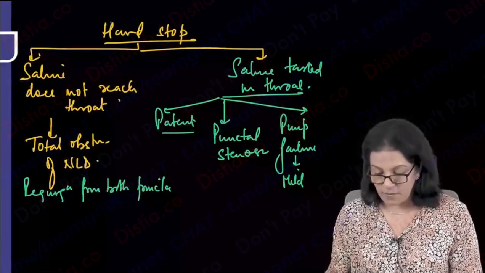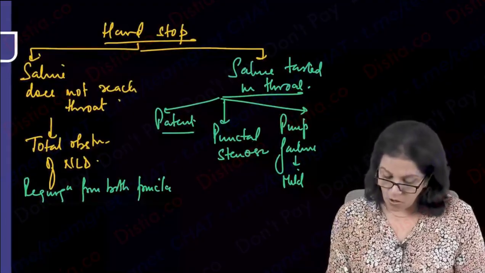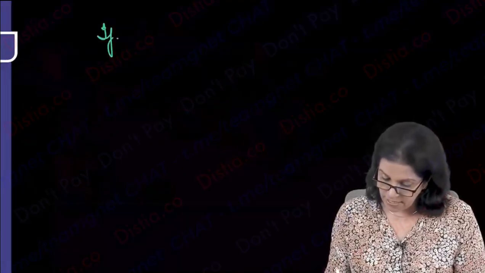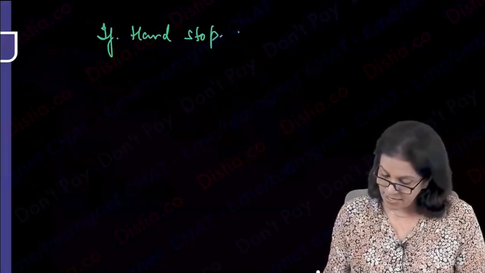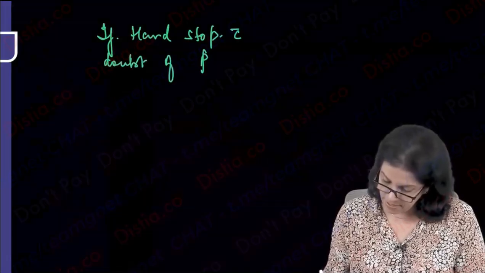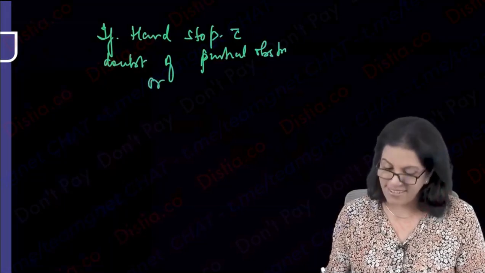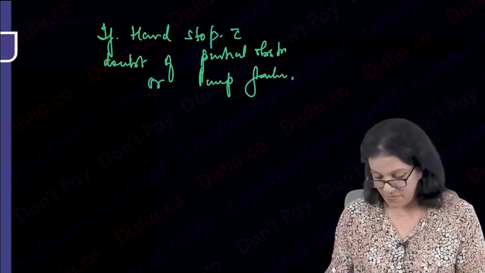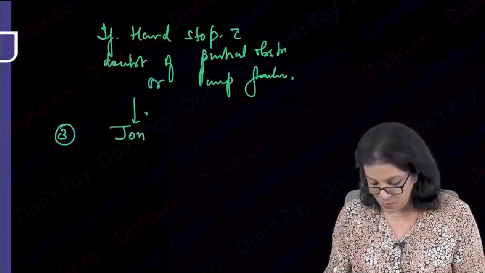Now, if it is a mild pump failure, we suspect that, or we suspect a partial obstruction. So if there is a hard stop, write down please, with doubt of partial obstruction or pump failure.